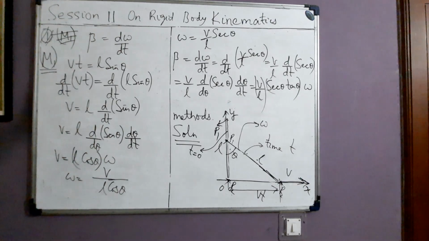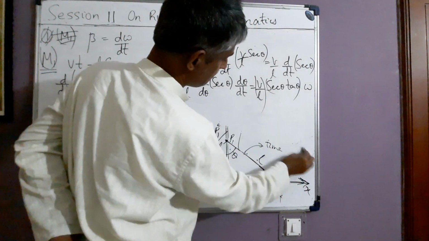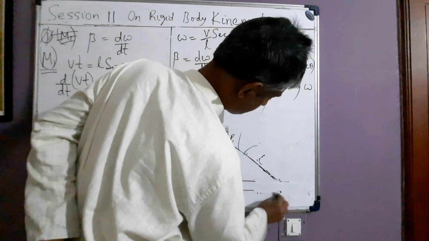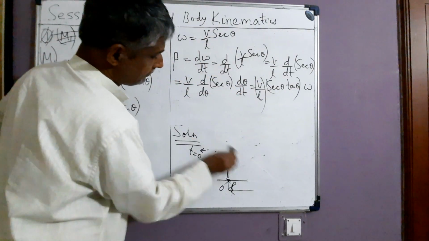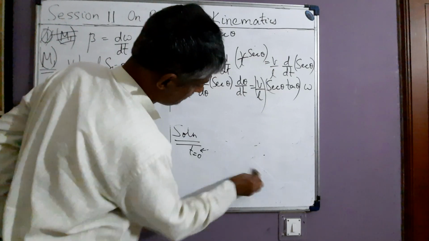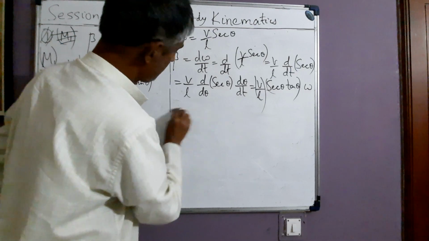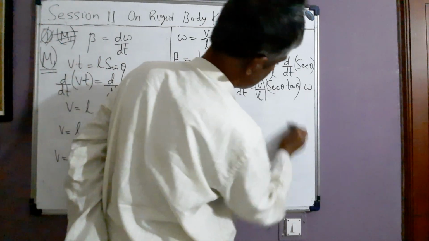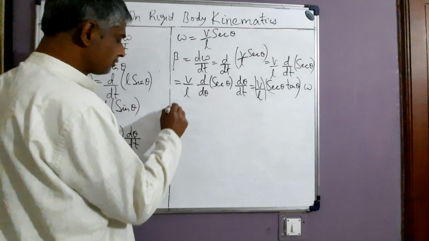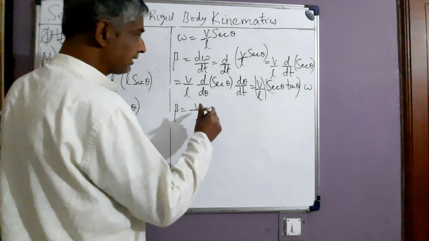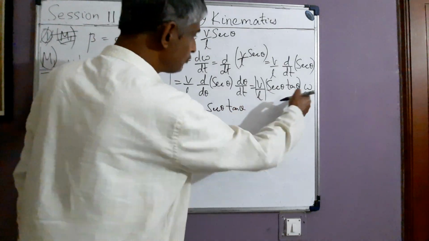Now I rub this one. So beta is equal to V by L into sec theta into tan theta into omega.